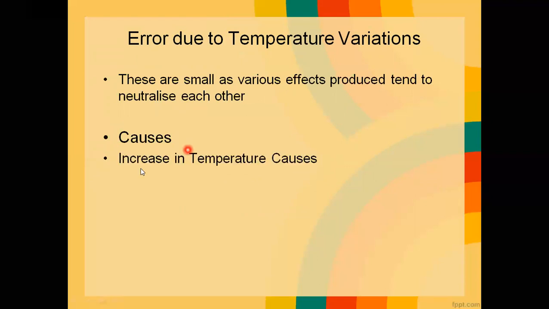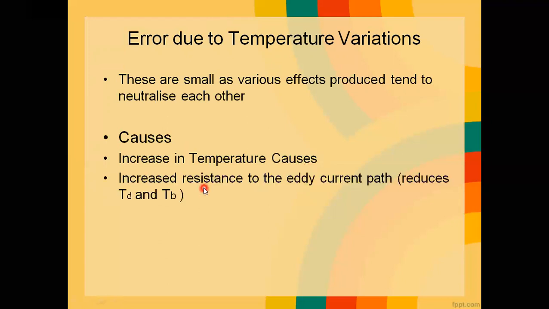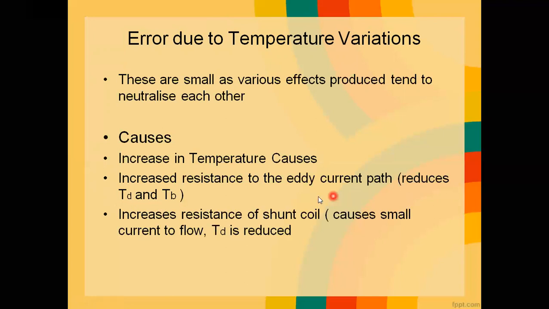Causes: an increase in temperature will introduce errors, increased resistance to the eddy current path. It reduces the deflecting torque and the braking torque, which means the eddy current is going to be small. Hence, the deflecting torque will get reduced and the braking torque will get affected.